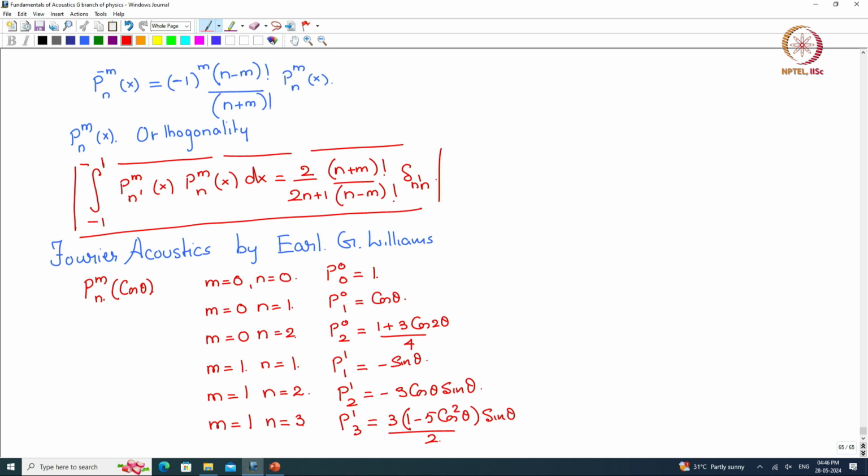Now let's just see some more. If m equal to minus 1 and n equal to 1, then P minus 1 1 is equal to sine theta by 2.